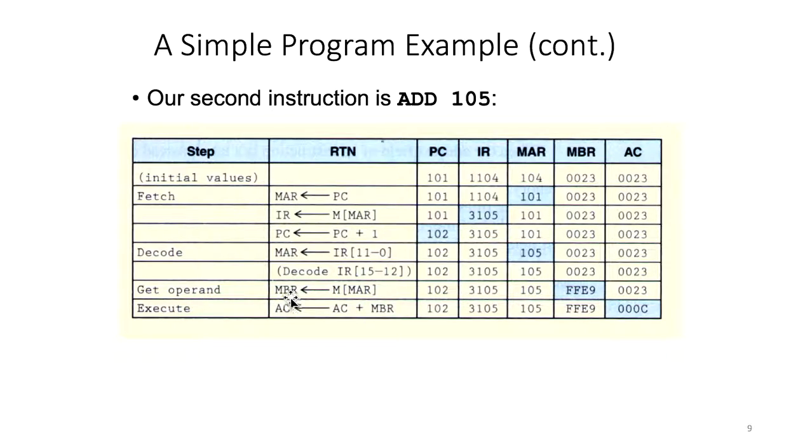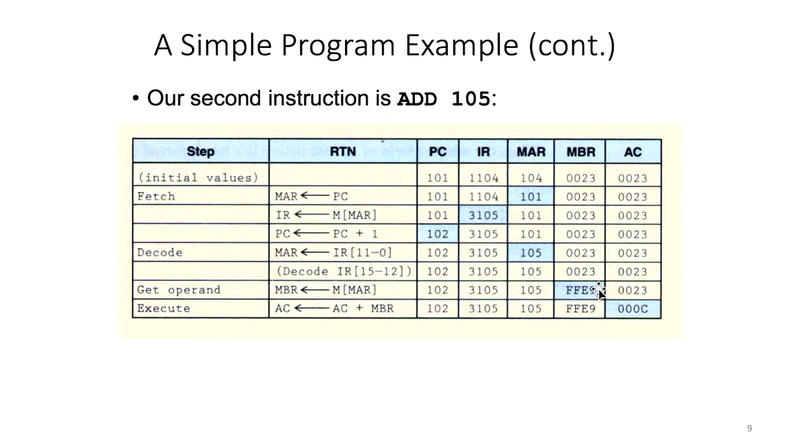So the computer goes into the memory at the address specified by the memory address register. That is the address 105, and it gets the data from there. We can see that the data at address 105 has the value FFE9. So that value will be copied to the memory buffer register.